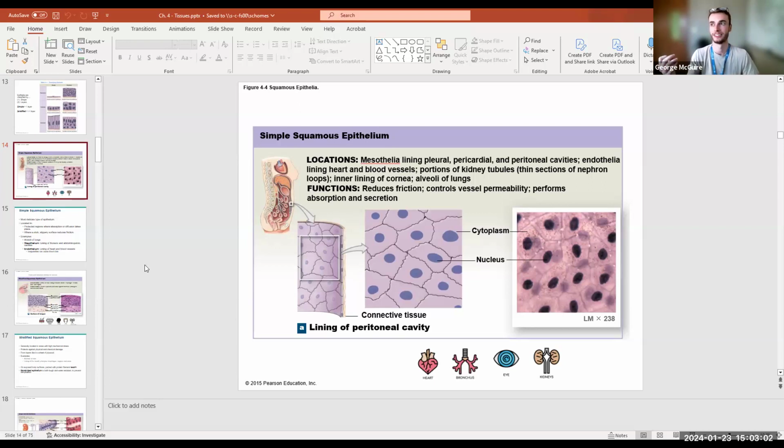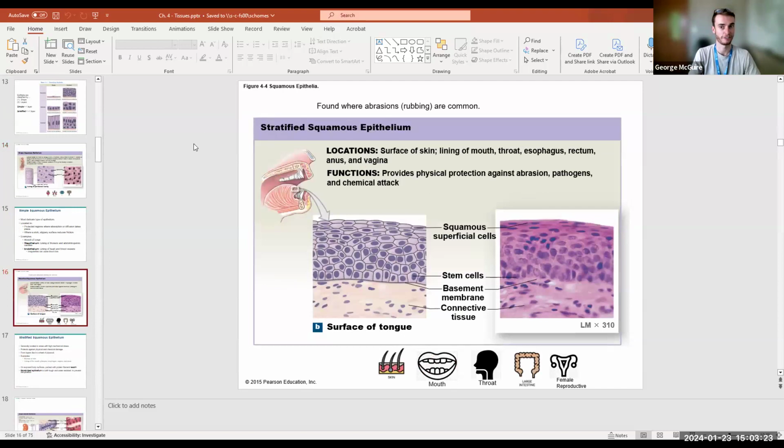But you're not going to be assessed on that as far as a location. And for 99% of these, you're not going to be assessed on where they are unless we really heavily emphasize something like stratified squamous epithelium being a major part of the epithelium of our skin.